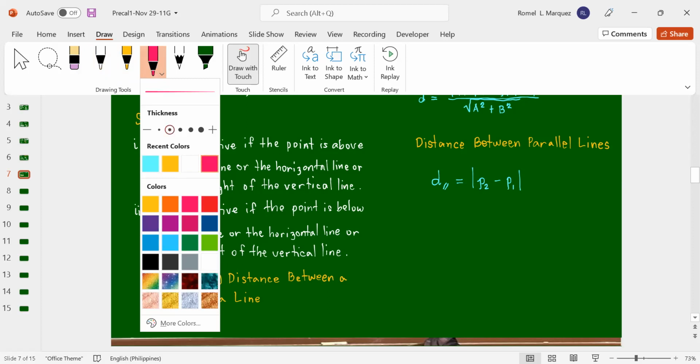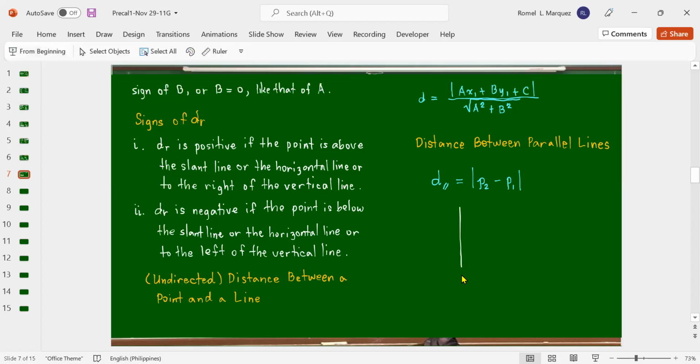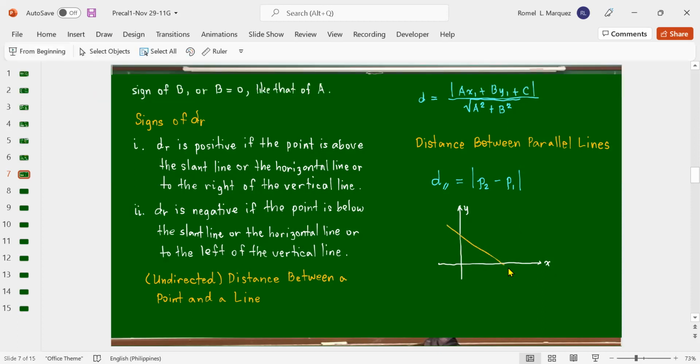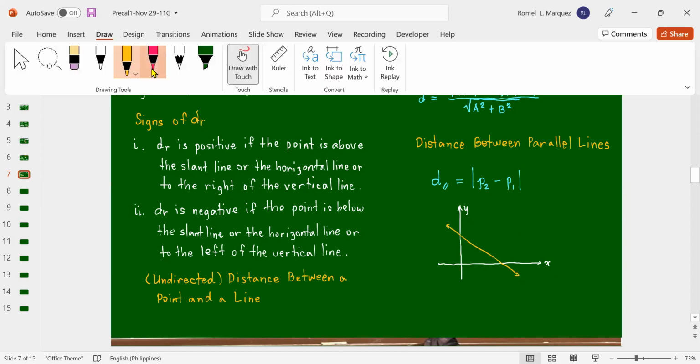Guys, let's say in the Cartesian plane, this is my first line and this is my second line.